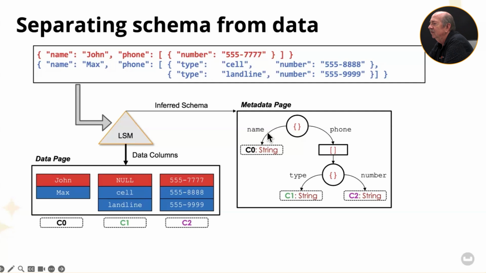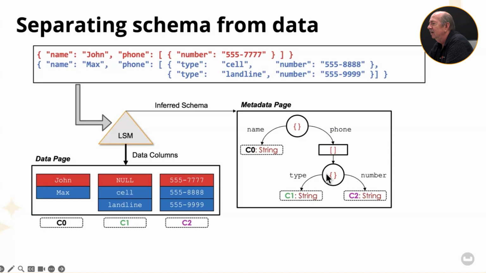So we've separated the fact that we've got an object with a field name or a key name, if you will, and a type of string from the data, which is John and Max in those two records. The data has the data values, but the schema knows what they're called and where they are, column 0, essentially.